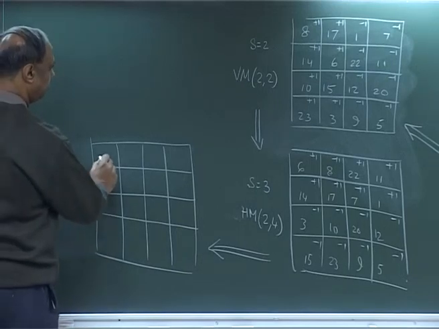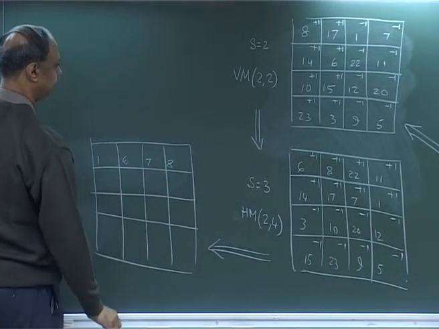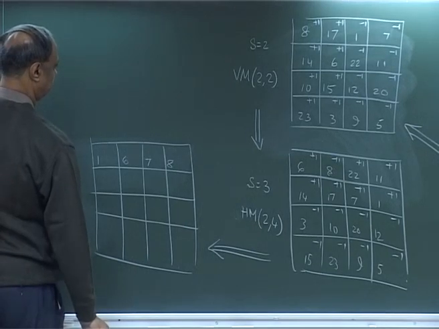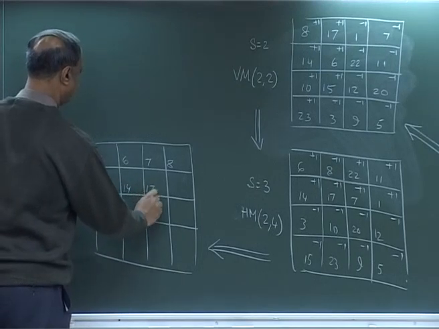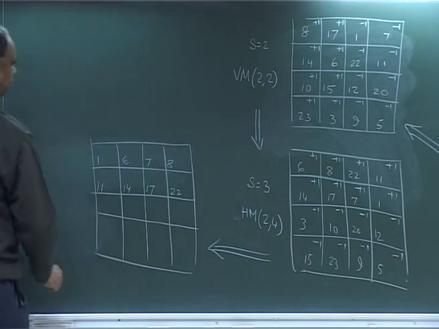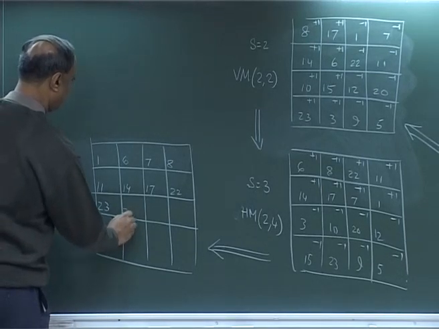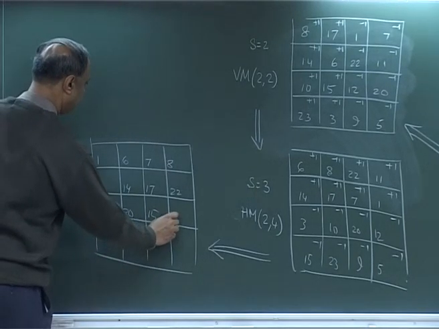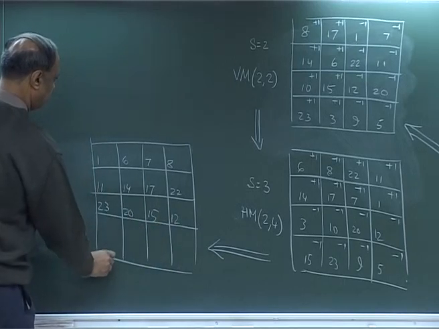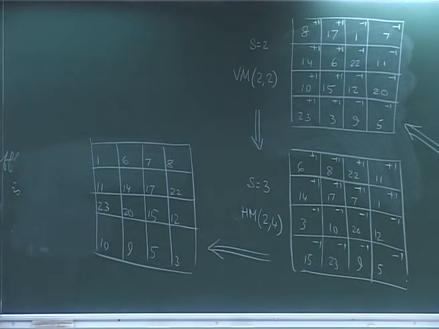So, you get 1, 6, 7, 8, 11, 14, 17, 22, 3, 10, 20, 23, 23, 20, 15, 12, 10, 9, 5, 3.